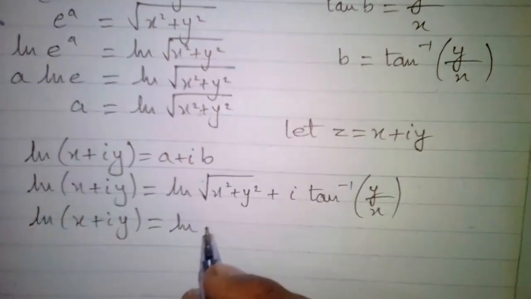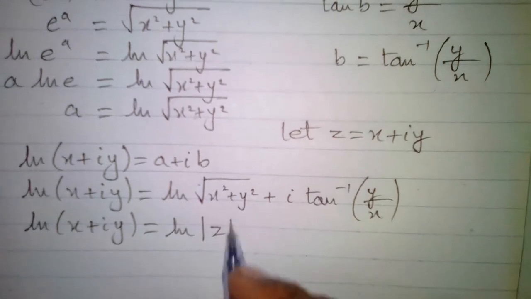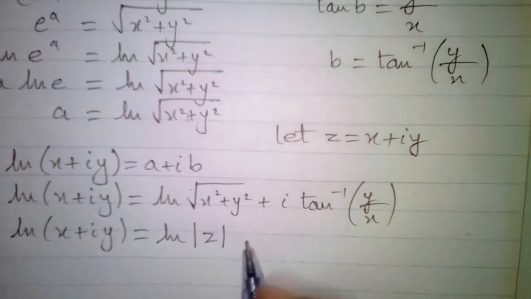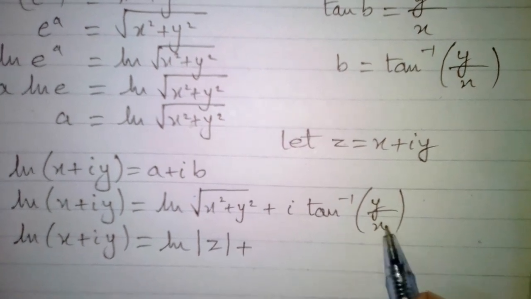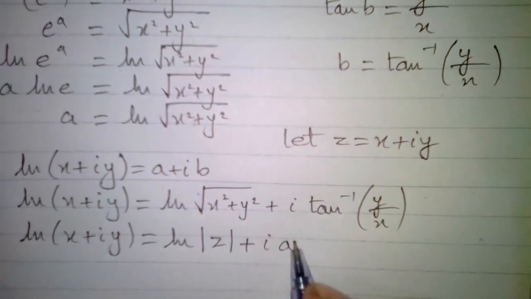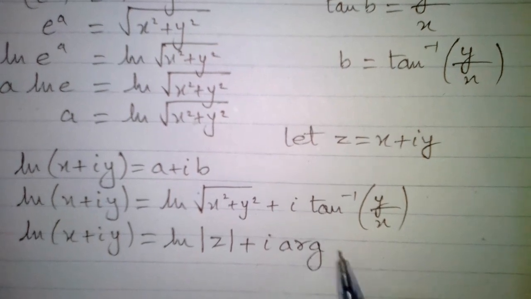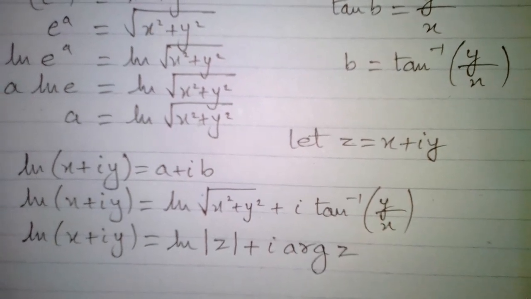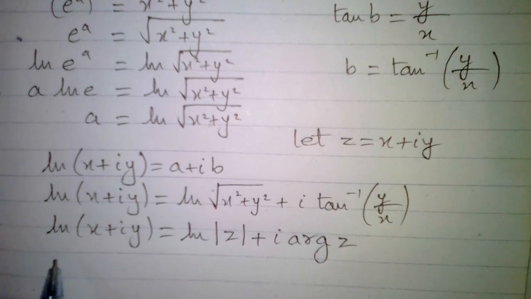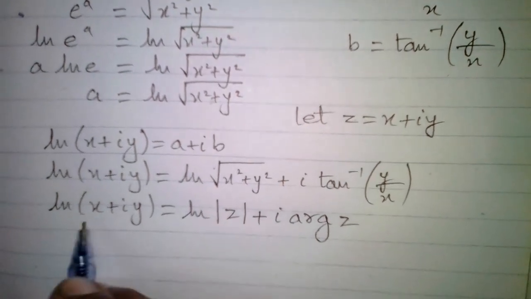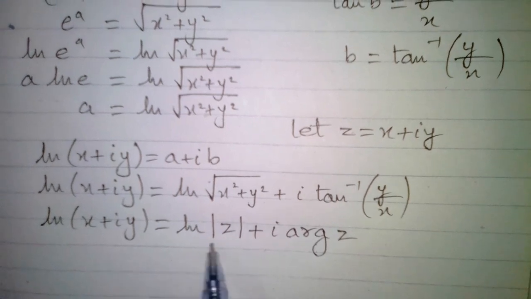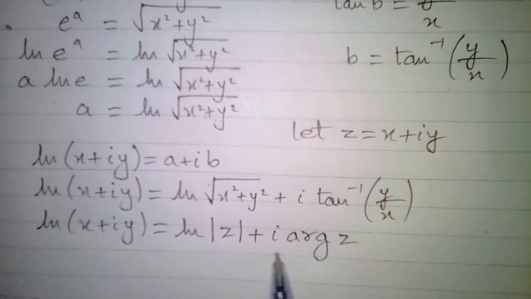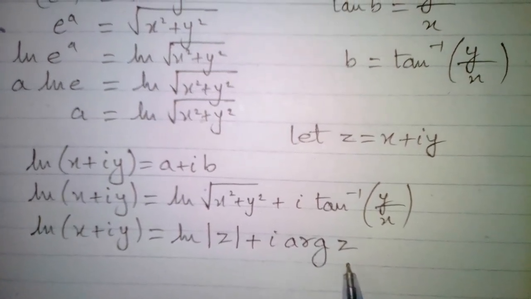So we can write mod of z in place of square root of x square plus y square, and tan inverse of y upon x is the argument of z. So if we take the log of a complex number, then this will be equal to the natural log of modulus of z plus iota multiplied by argument of z.